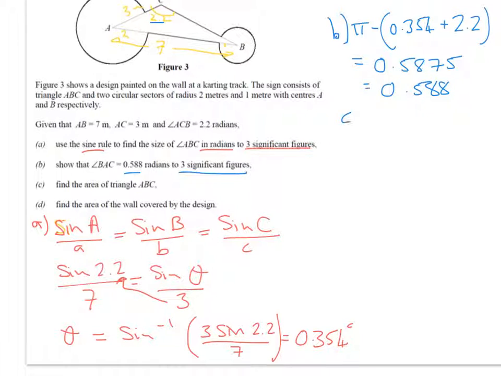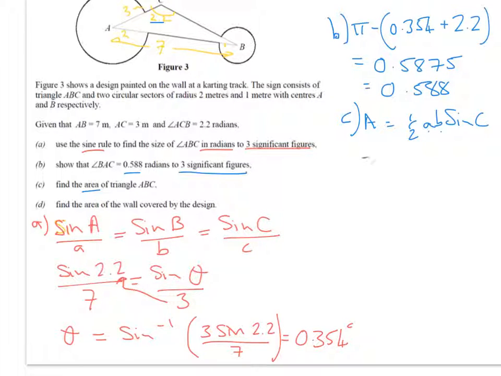Part C. We now want to find the area. Well, we know that the area is half ab sine C, where a and b are the lengths either side of the angle.